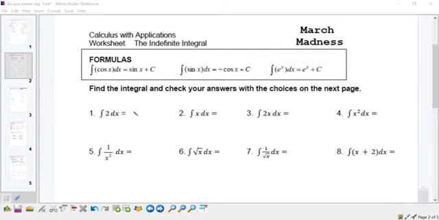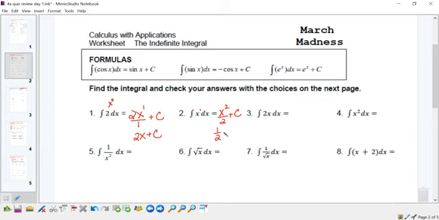Here there is no variable, so I'm going to input x to the first, because x to the 0, when I add 1, divided by the new power. So this is just 2x plus c. This is x to the first, so I've got x squared over 2 plus c.